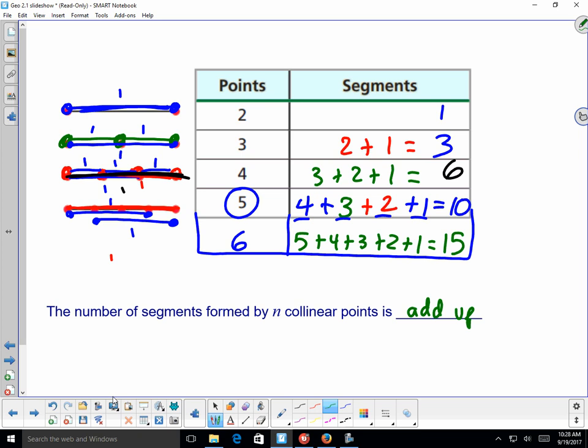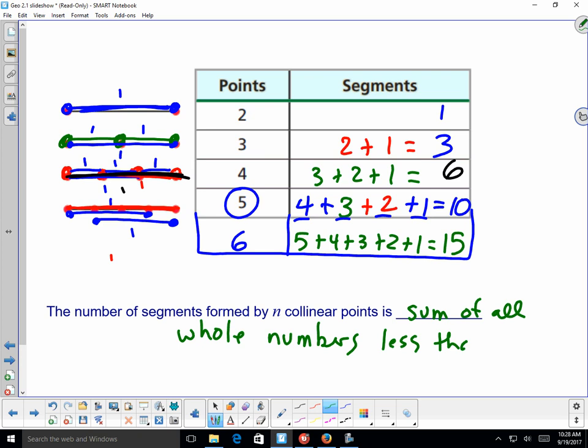It would be the sum of all the whole numbers less than n. All right, so that's how we could say that.